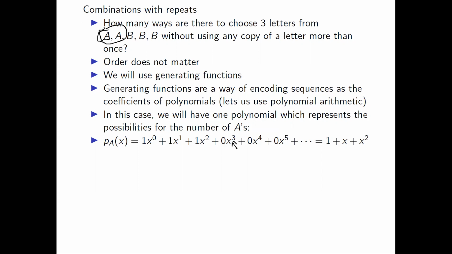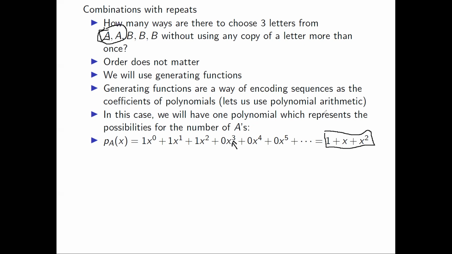So there's 0 ways to have 3 A's. So the coefficient of x to the 3rd is 0. The coefficient of x to the 4th is 0. The coefficient of x to the 5th is 0, and so on, going forever. We can think of this polynomial as being an infinite polynomial where all of the coefficients after x squared are 0. So we can write that just as 1 plus x plus x squared. And note that x to the 0 is 1, so that's why we got the 1 right there.